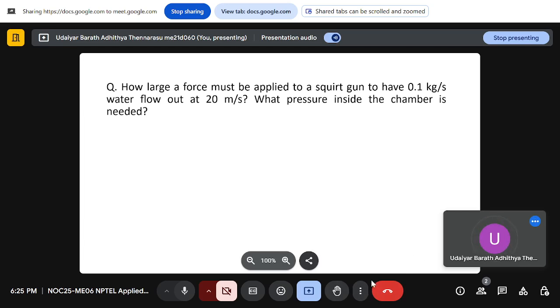So next is, how large a force must be applied to a squirt gun to have a 0.1 kg per second water flow out at 20 meters per second? What pressure inside the chamber is needed?